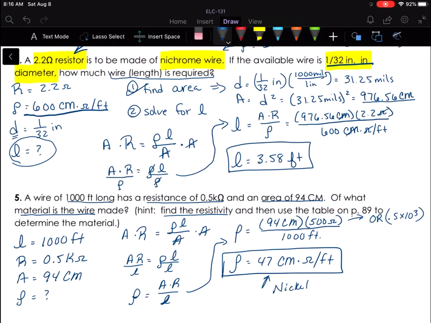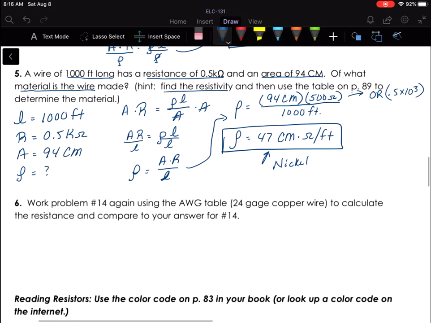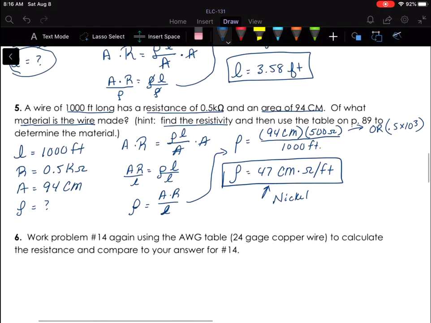All right, so let's look at one more thing and then we'll move on. Actually, that problem number is wrong. There's another way to find the resistance of a wire, and I want to show you that.